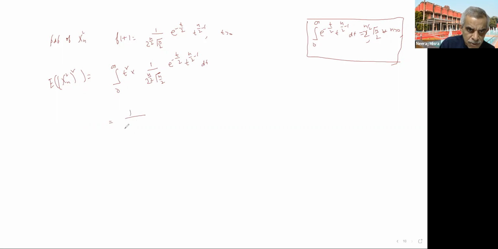I take the 2 to power n by 2 Gamma n by 2 outside. What does that become? The integral from 0 to infinity of e to power minus t by 2, t to power n plus 2r by 2 minus 1 dt. Is that okay?